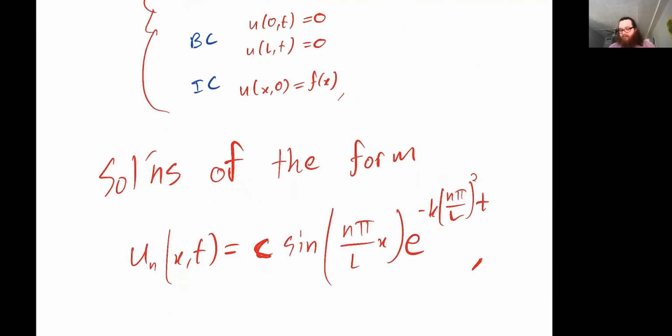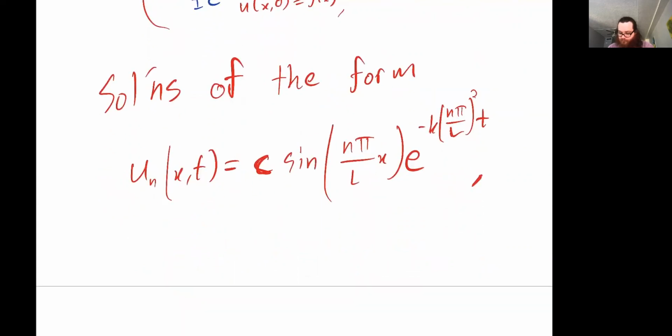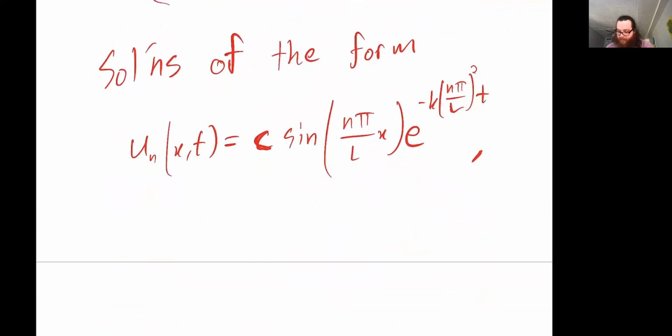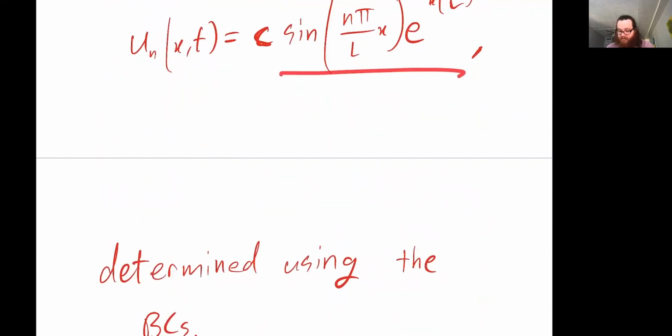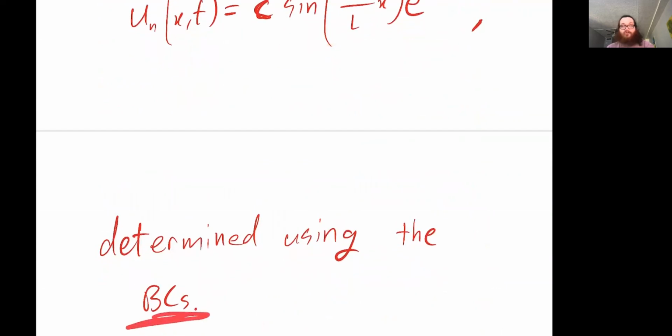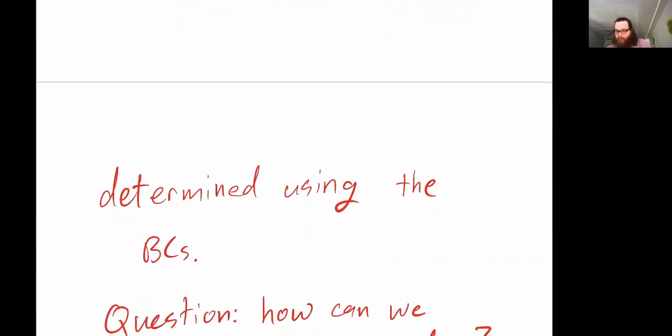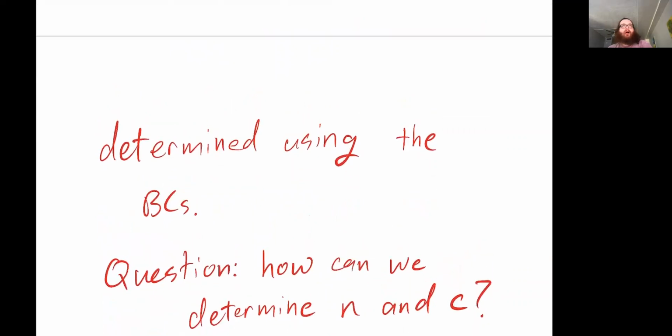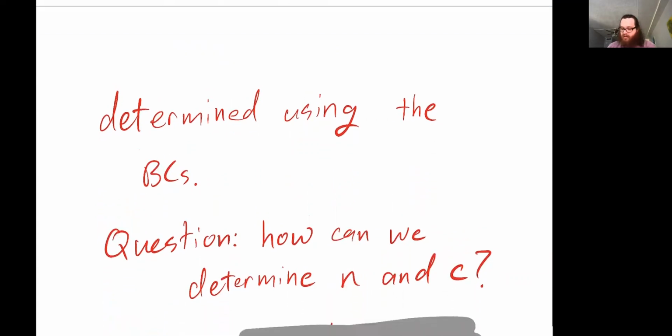We have a bunch of these building blocks to work with, and these building blocks take the form sine of n pi over L x times e to the minus k times quantity n pi over L squared times t. How we got these was determined by the boundary conditions. And so the question is, how can we determine what building blocks to use and what these constants in front are?